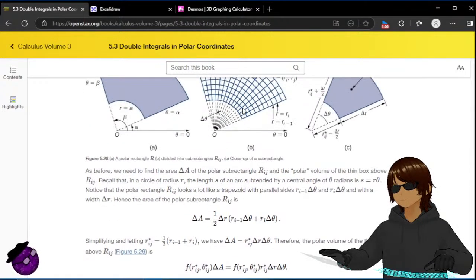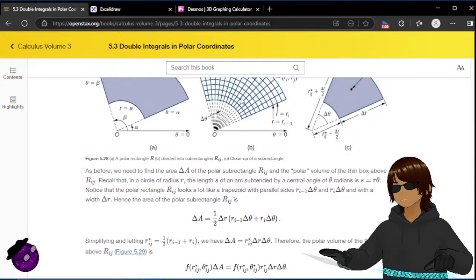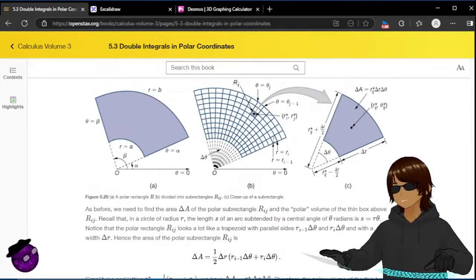Wait, so r theta gives the arc length: the arc length of the previous plus the arc length of this, times delta r.